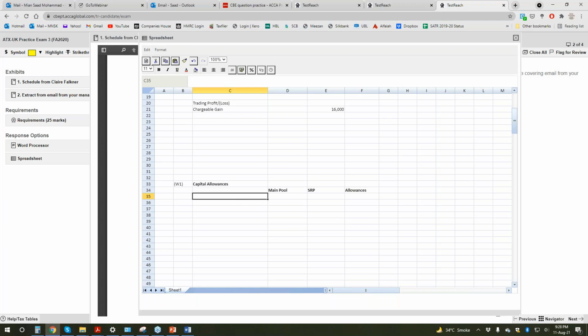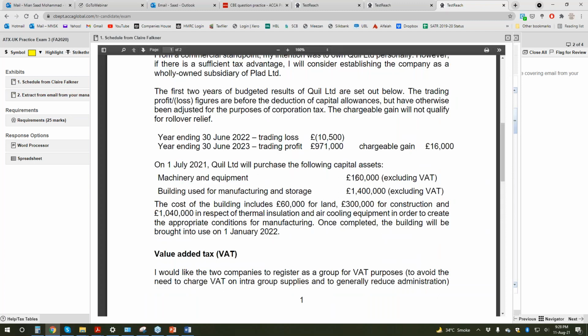So first I have to write what the additions are that qualify for AIA. Let's move on to the question and see what assets they have bought. This qualifies for AIA, and land is a non-depreciable asset. Building qualifies for SBA, and this also qualifies for AIA.